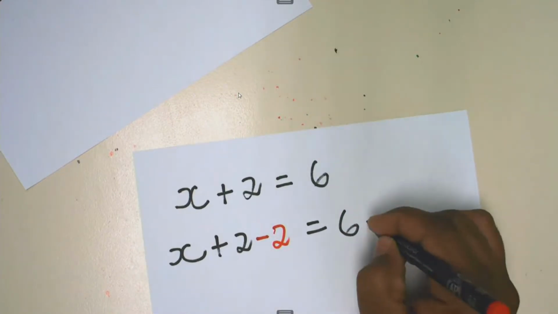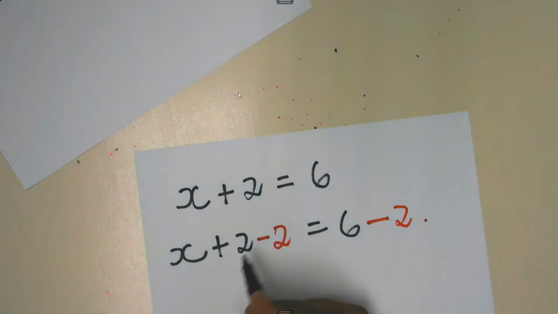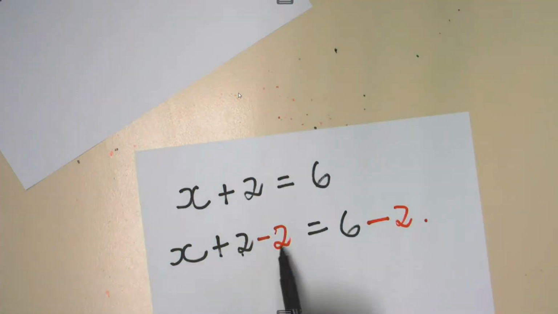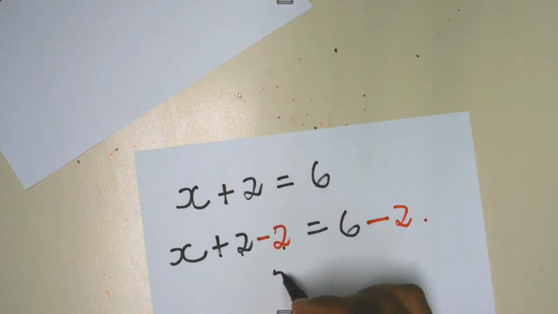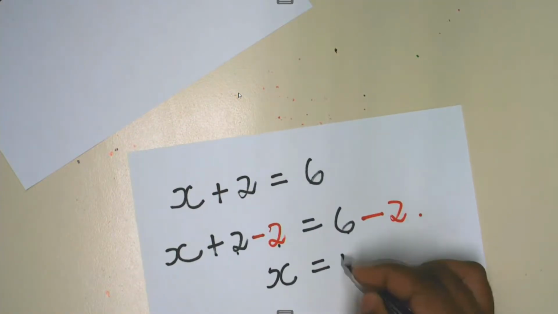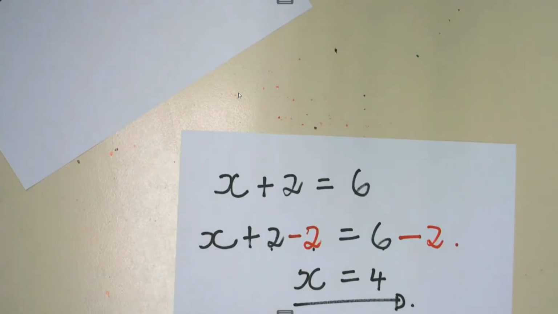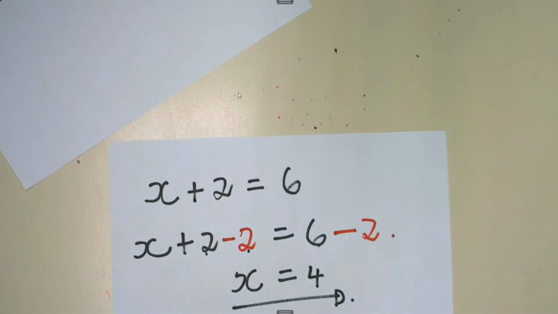I also need to subtract the 2. 2 subtract 2 is 0, then I'm left with x. And then 6 subtract 2 will be 4. Let's check if this is right. What is nice about mathematics is that we're able to check if your answer is correct. Is there any other subject where you can check yourself? No. Thank you. Now let's check.